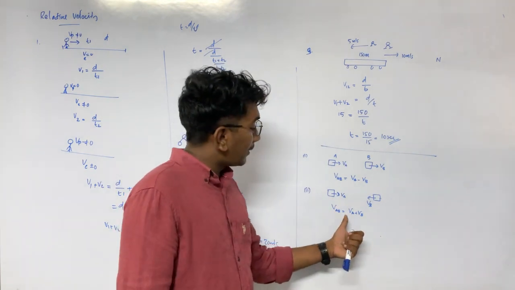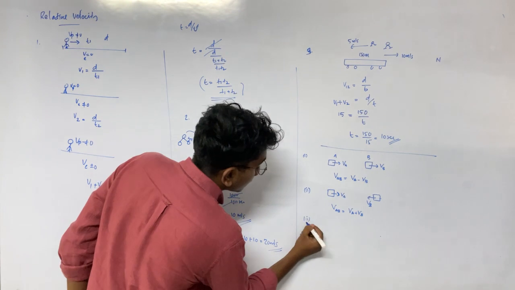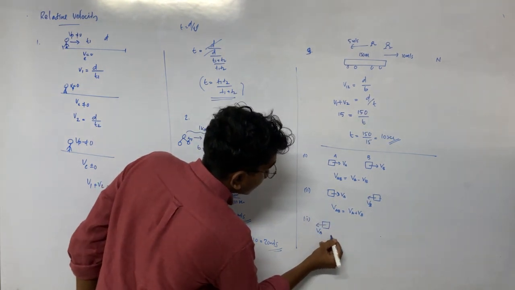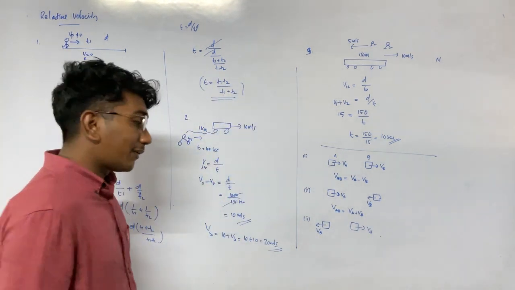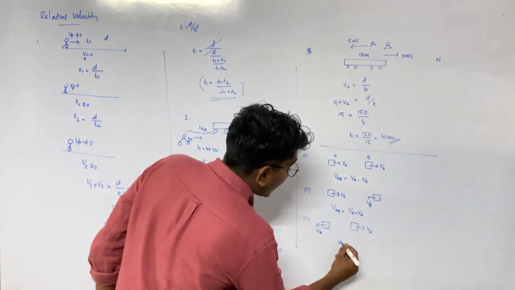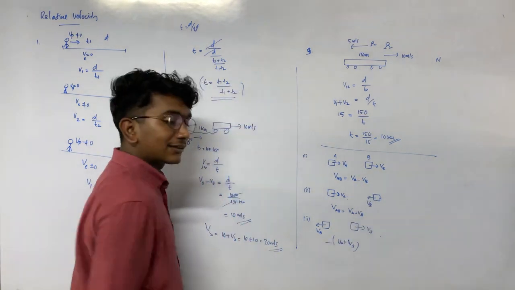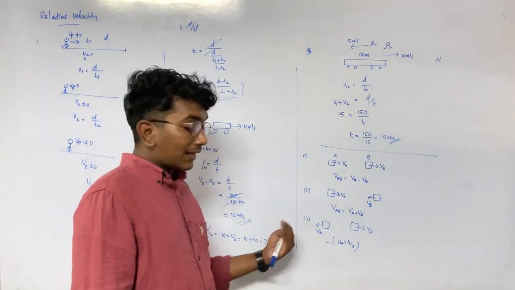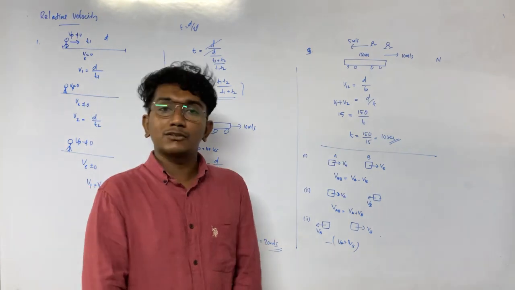So VAB will be VA plus VB. Alright? So next step. VA is in this direction. VB is in this direction. Then what will be the value? This will also be VA plus VB, but it will be in the opposite direction. So minus. You can check the direction also. Minus VA minus VB, minus of VA plus VB.